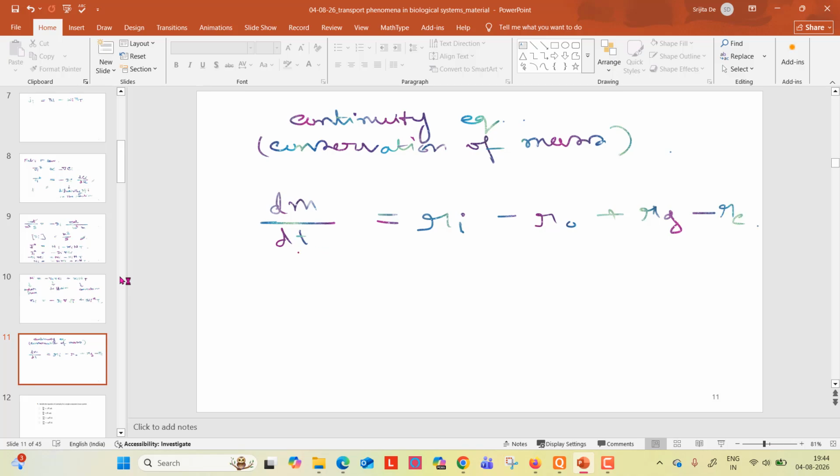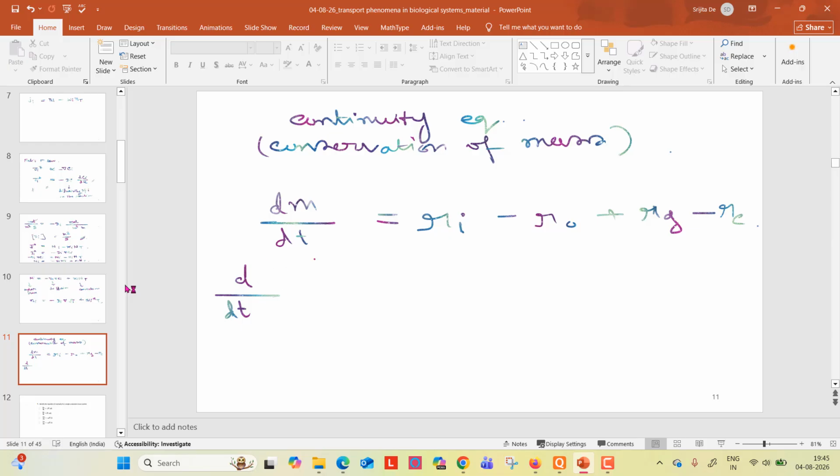So in case of input, we can write it as d/dt of m, where m means rho into volume.